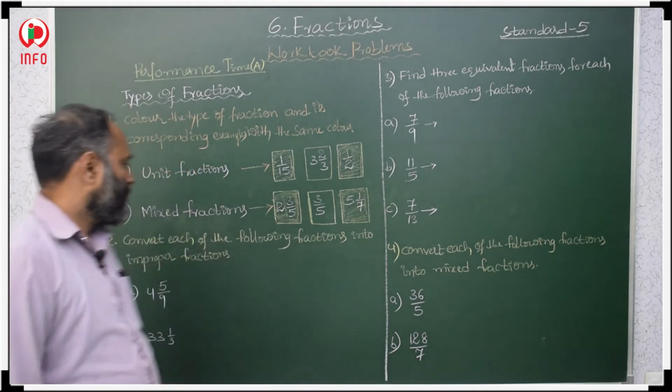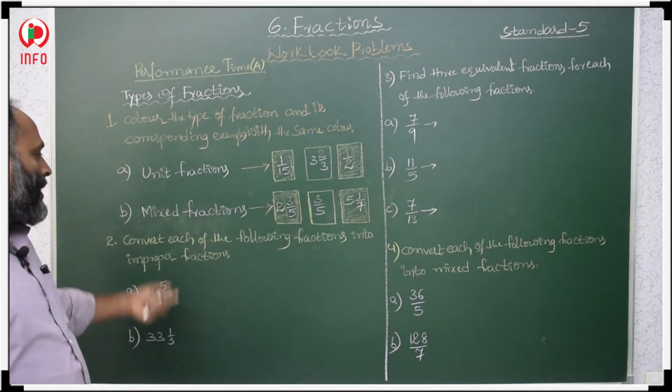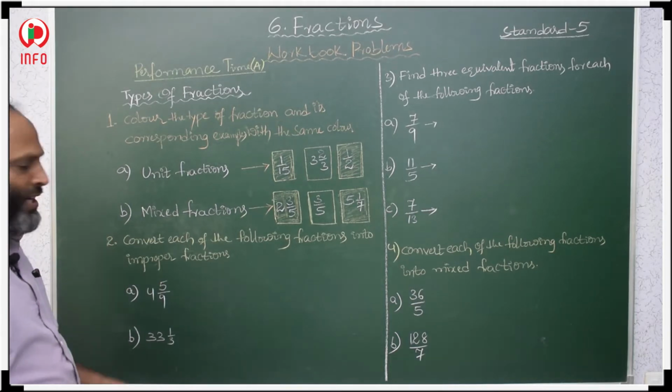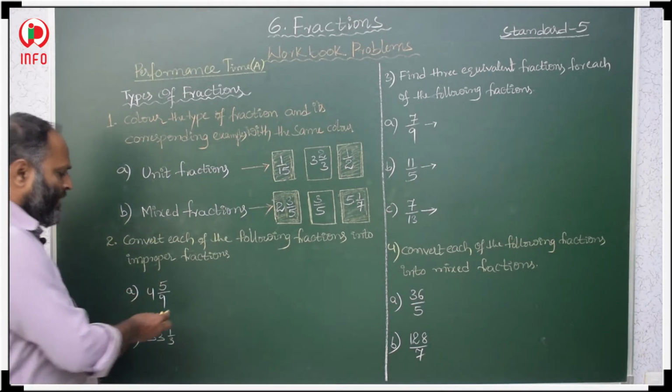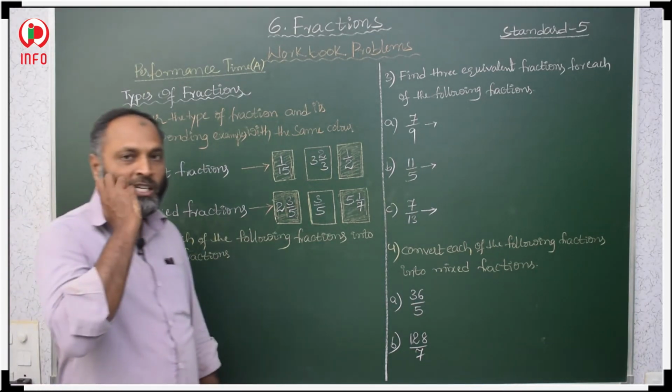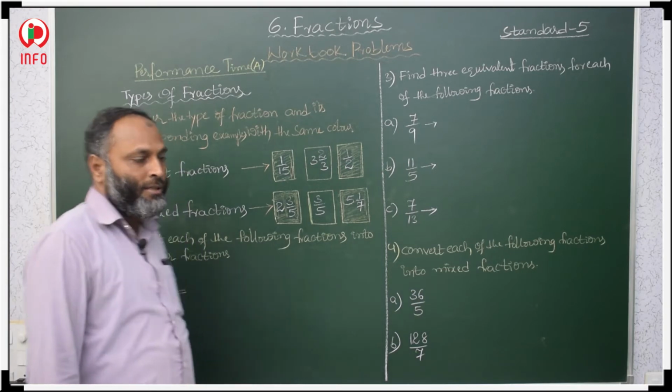Okay. Now convert each of the following fractions into improper fractions. Here mixed fractions are given, so we have to convert mixed fractions into improper fractions. How to convert? See here.